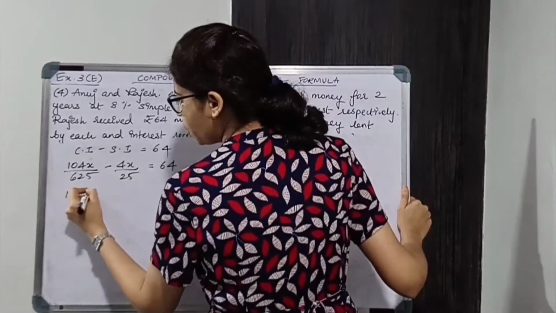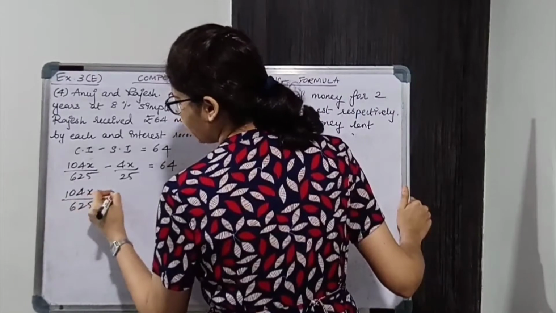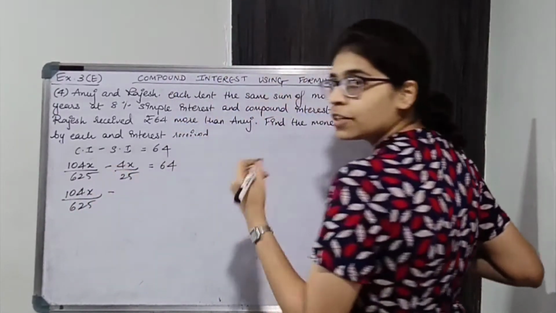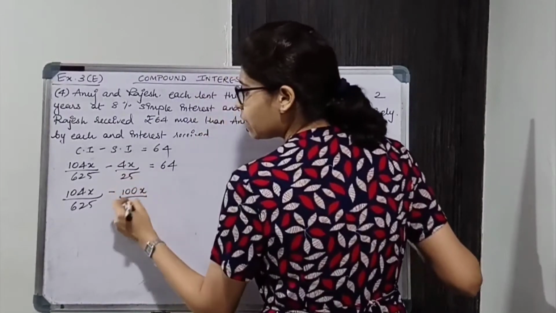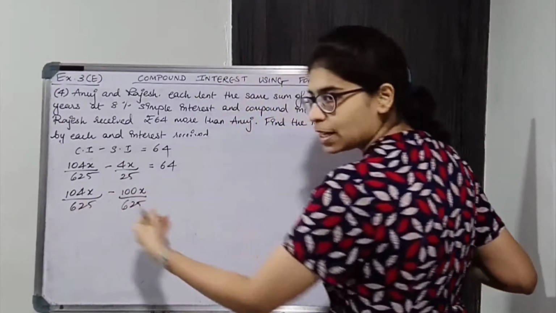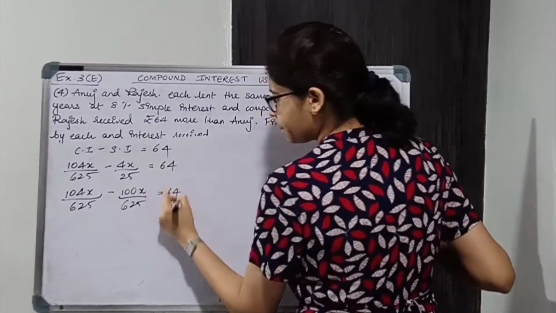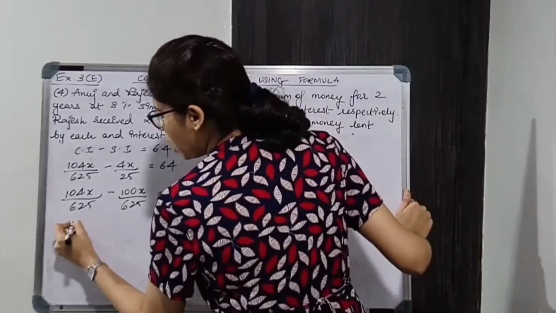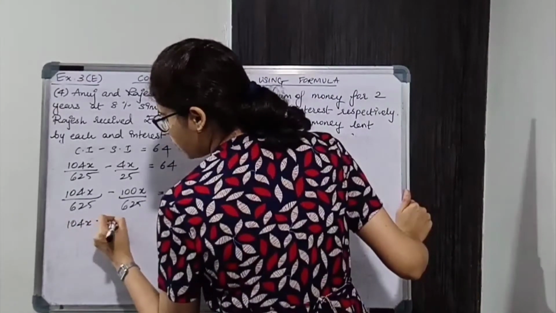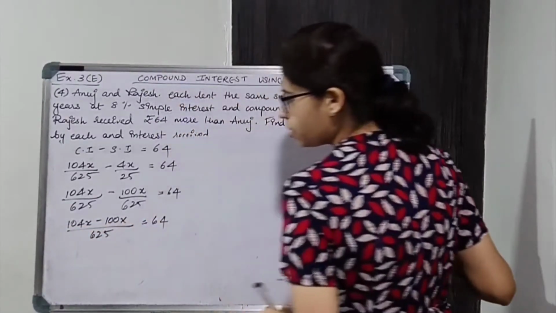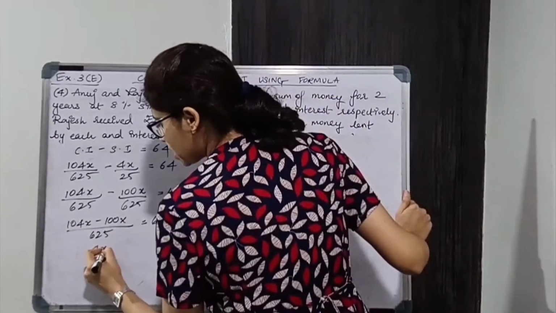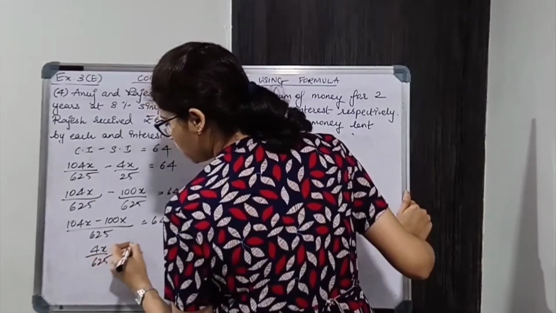So 104x upon 625 minus 25 into 4, which is 100x, and 25 into 25 is 625. We wanted the same denominator. So 104x minus 100x upon 625 is equal to 64. So 4x upon 625 is equal to 64.